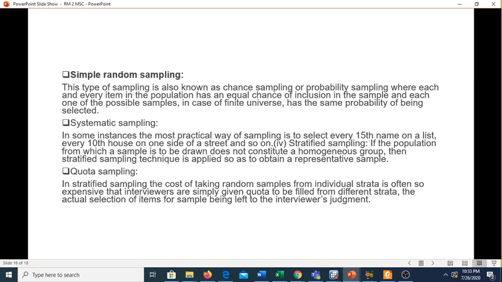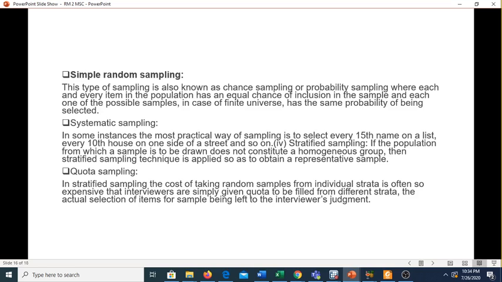Under sampling we have different types of sampling. To sample is to give a chance to each and every respondent to participate in the study. That particular process is called sampling.